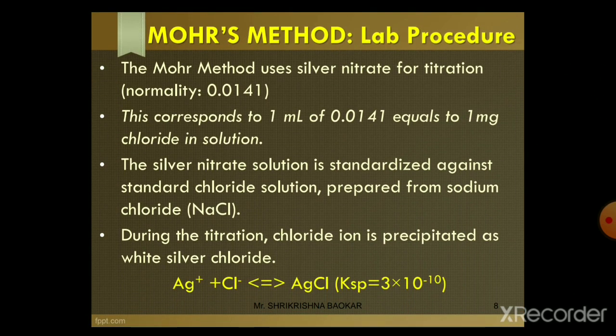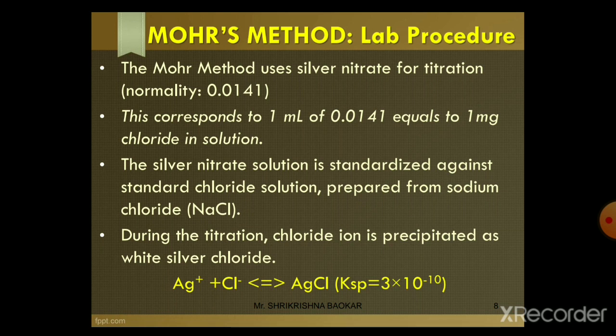The Mohr method uses silver nitrate for titration. Normality 0.0141. This corresponds to 1 ml of 0.0141 equals 1 mg of chloride in solution. The silver nitrate AgNO3 solution is standardized against a standard chloride solution prepared from sodium chloride NaCl.